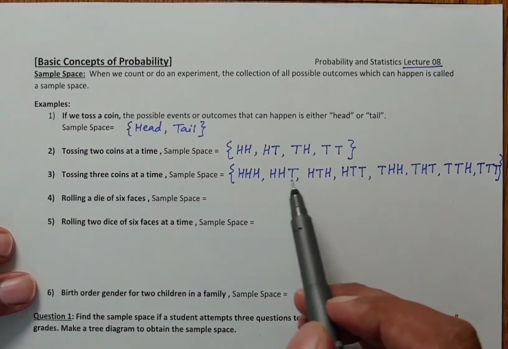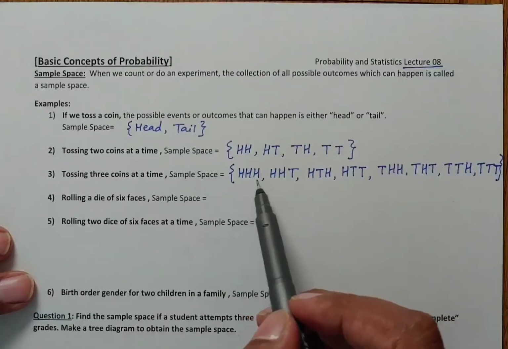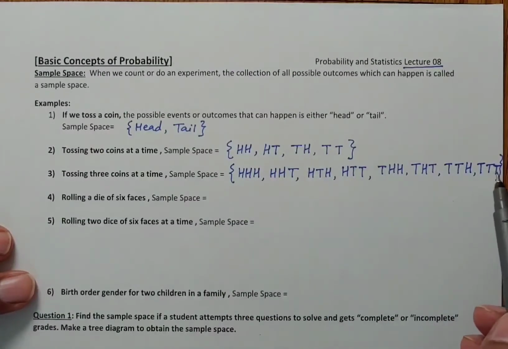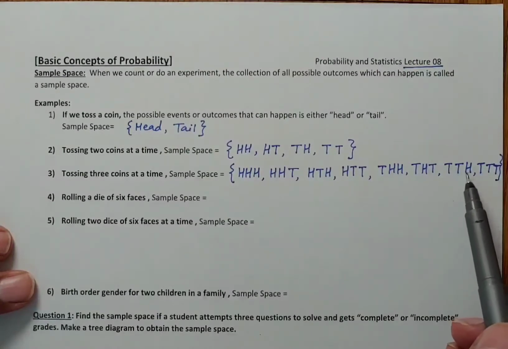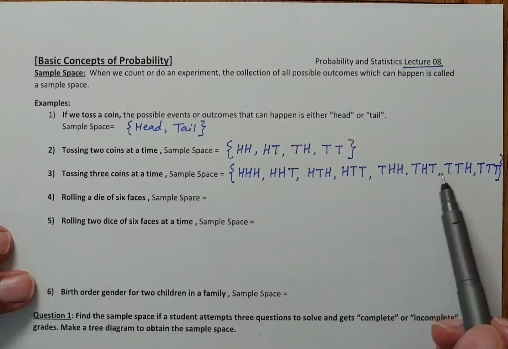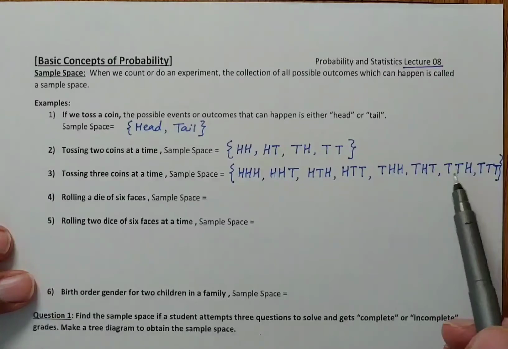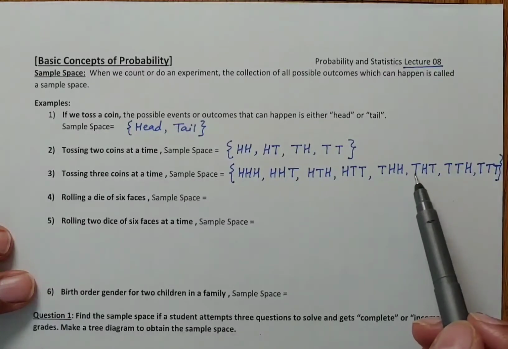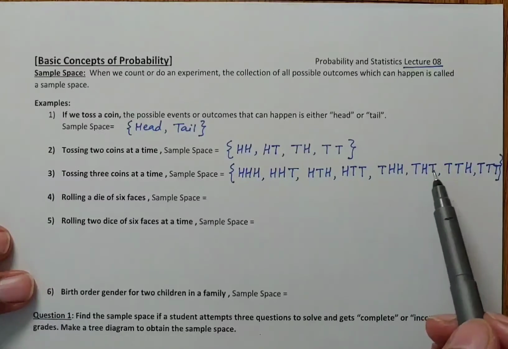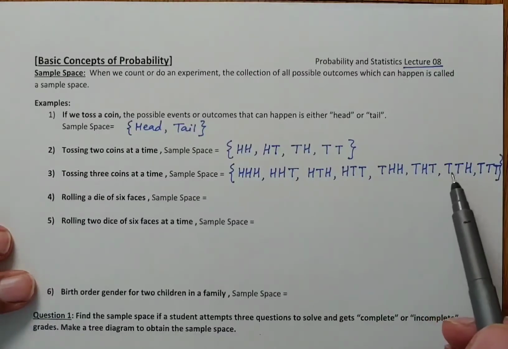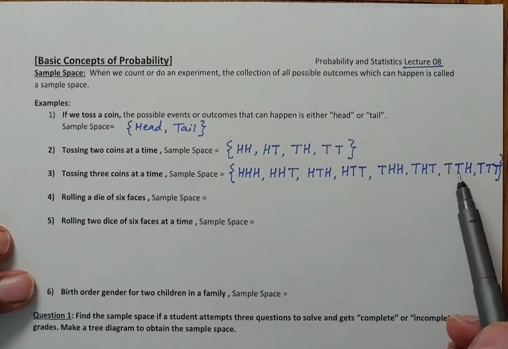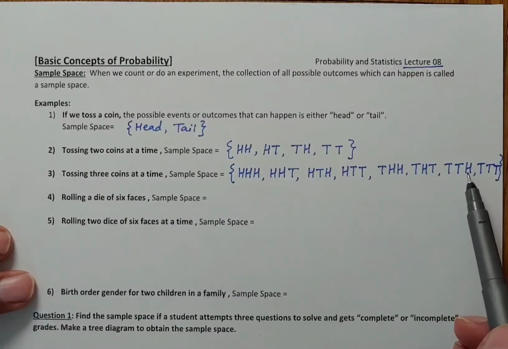See, all these are different, because getting all three heads and getting all three tails are different. Getting two tails and a head, but in a different order, is also different. The first coin tail, the second head, and the third tail is different from the first two coins getting tail and then the third getting head.